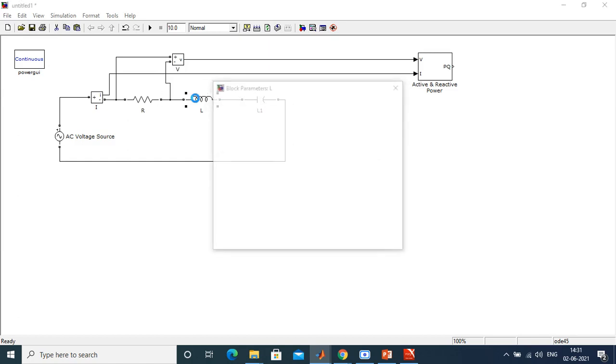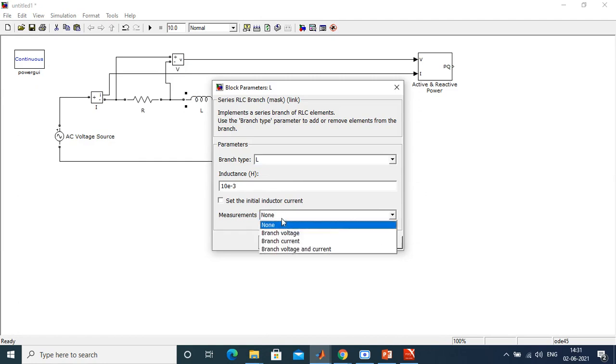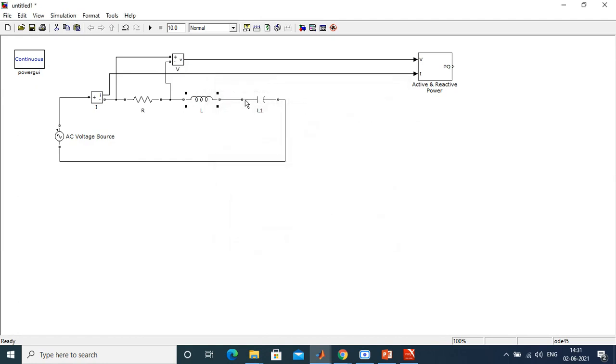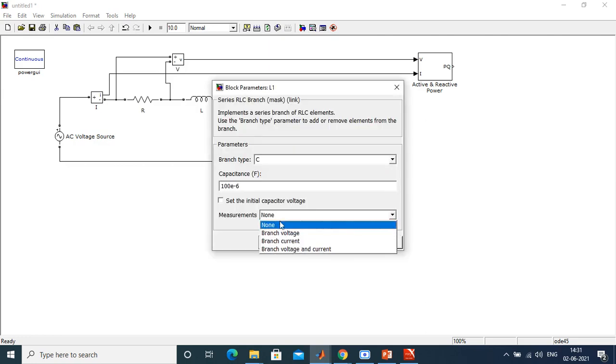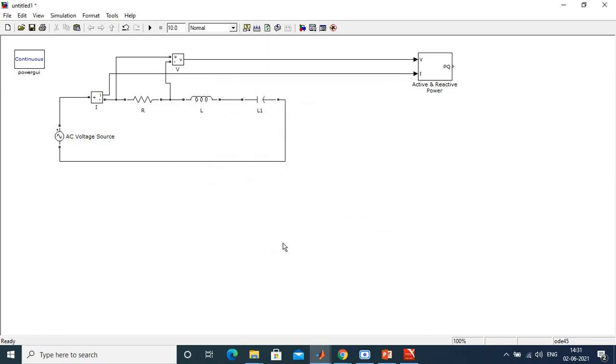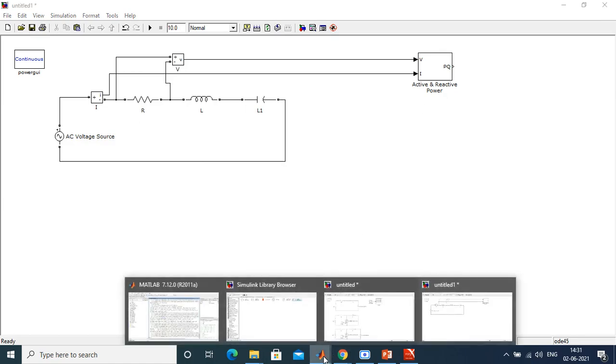Okay, and don't worry, I will explain all the concepts. In the capacitor also I will select like this. Okay, so now I need to display this value.